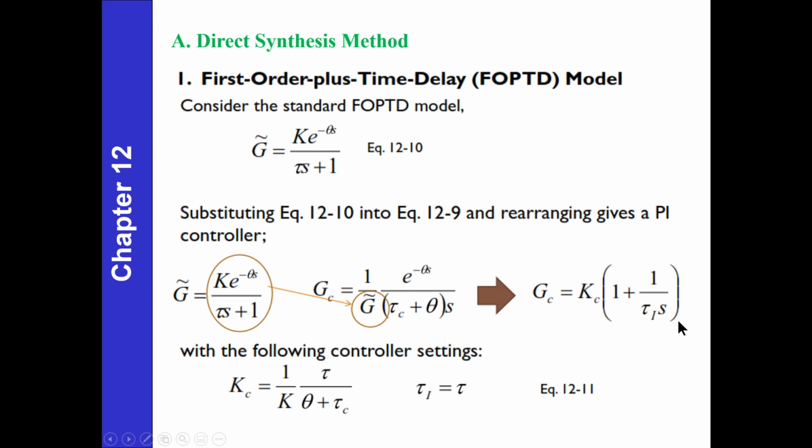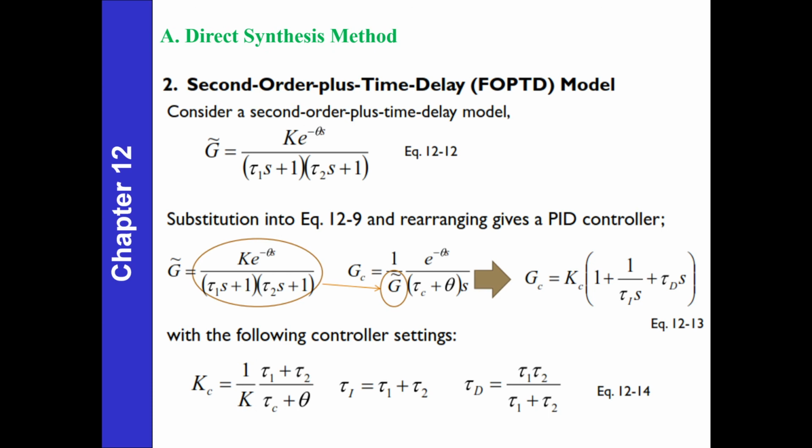You should get a PI controller, with this as the equation to find the value of KC, and this one to find the value of tau I. Remember, controller design is for us to determine what type of controller. So here we have a PI controller, and then we determine the equations to calculate KC and tau I. That is controller design.